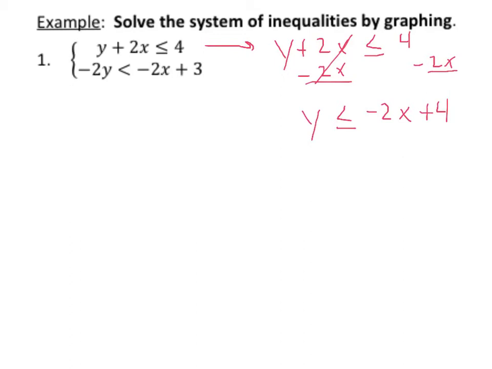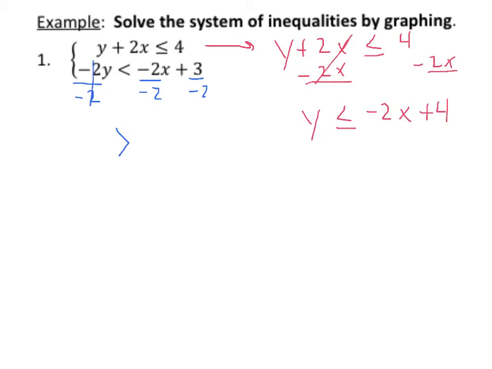Then we look at the second one and see that it doesn't have y by itself, so we need to move this negative 2. We divide everything by negative 2. If you remember the rules, whenever we multiply or divide by a negative, we have to flip the inequality. So the inequality goes from less than to greater than.